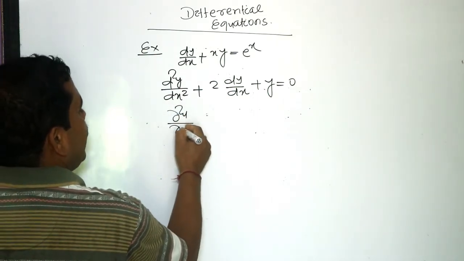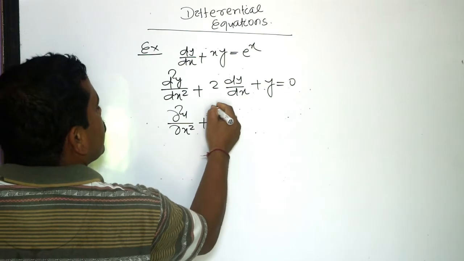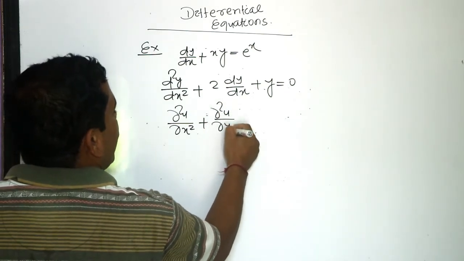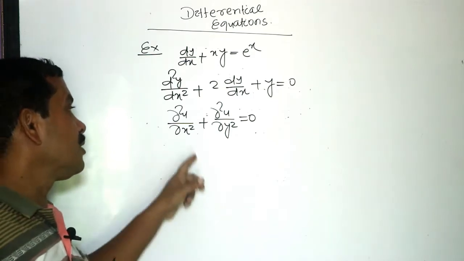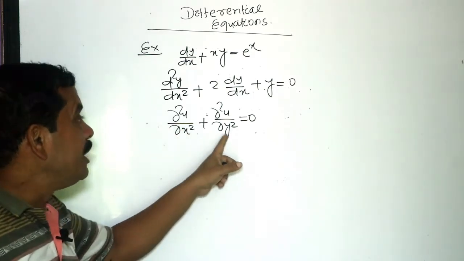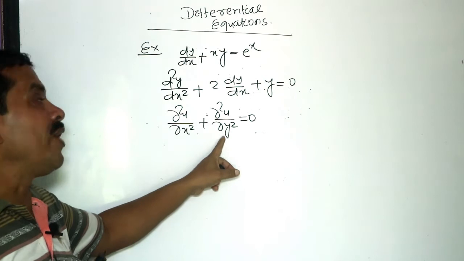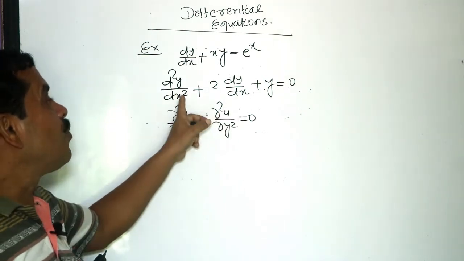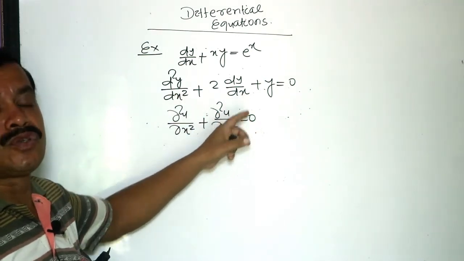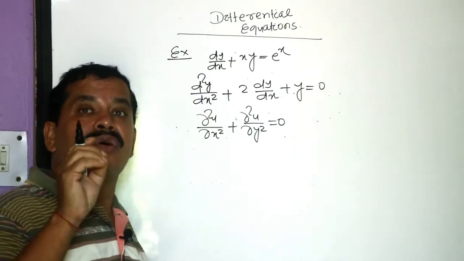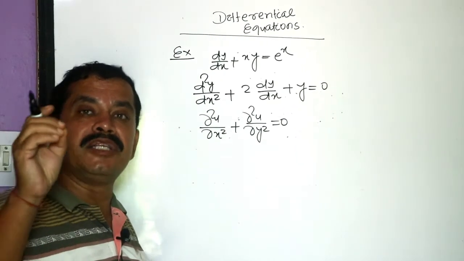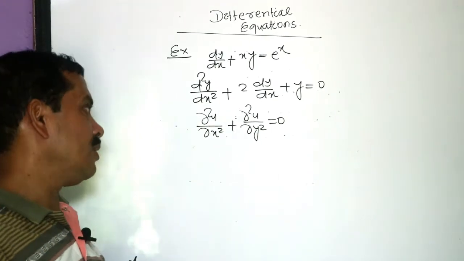∂²u/∂x² + ∂²u/∂y² = 0. This is also a differential equation. But here there are two independent variables x and y, whereas the previous equation has one independent variable. So differential equations are of two types. One is ordinary and another is partial differential equation.